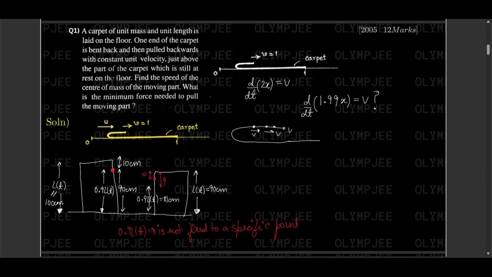But the L(t) point is always representing the same point. So we can say that the rate of change of L(t) is equal to v, but we cannot say that the rate of change of 1.99x or 0.9x is equal to v, because it is not representing a single point. It is just a coordinate which is representing different points at different times.